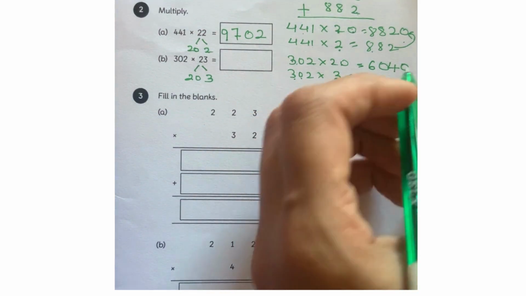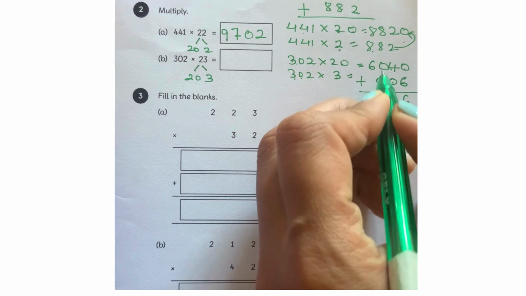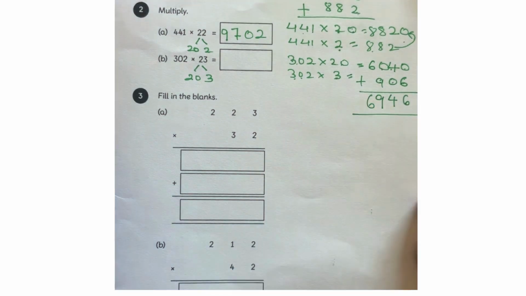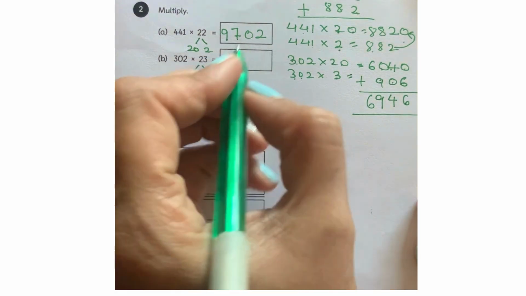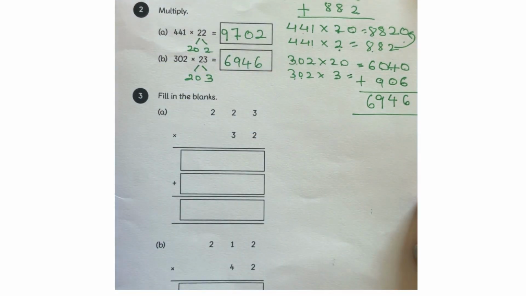The placing is proper. 0 plus 6 is 6, 4 plus 0 is 4, 0 plus 9 is 9, and I have 6 here, right? Therefore, my answer is 6946. Feel free to do your rough work wherever or as and when you get a space, or you can have a rough page next to you or any rough column.